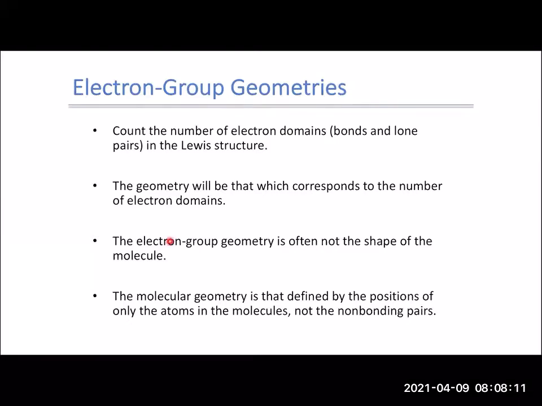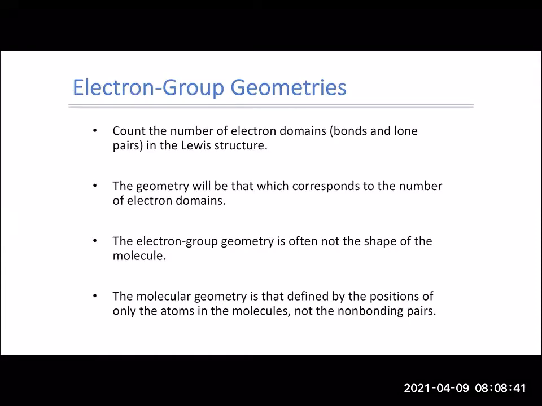And one important thing to note, the electron group is often not the shape of the actual molecule. So we have electron group geometry, and we also have molecular geometry. The molecular geometry is defined by positions of the atoms only. So we only look at the atoms when we're talking about molecular geometry, not the lone pairs, not the non-bonding pairs.